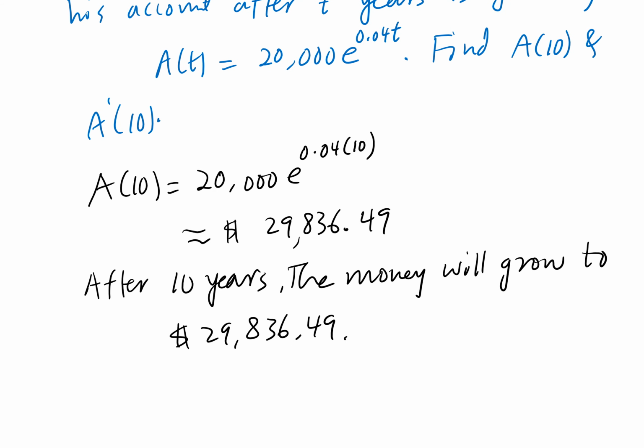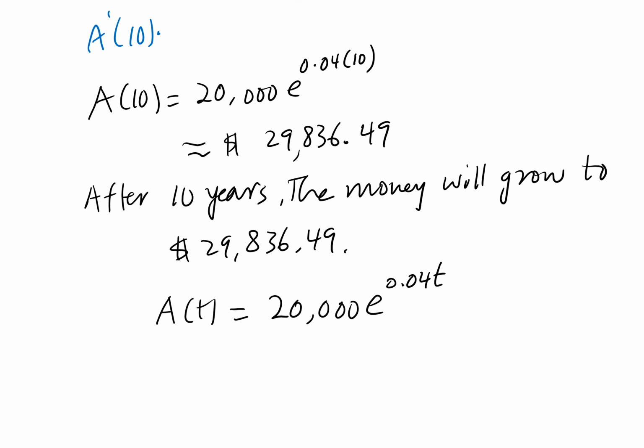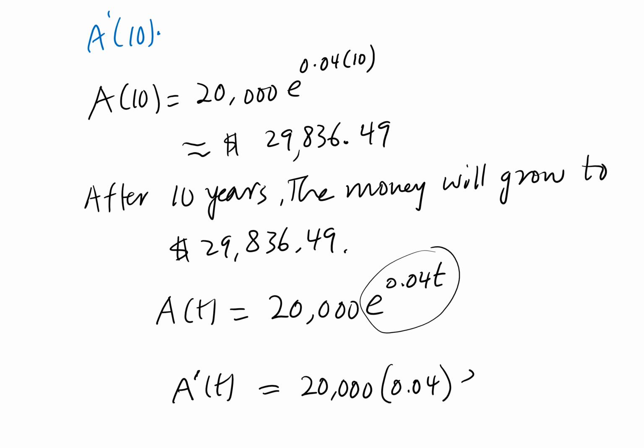The second part, we need to find the derivative for that and evaluate it at 10. So how do you find the derivative of this? A prime of t is 20,000 times the derivative of the exponent, which is 0.04, times itself. Do you guys agree? It's the derivative of the exponent times the function itself.